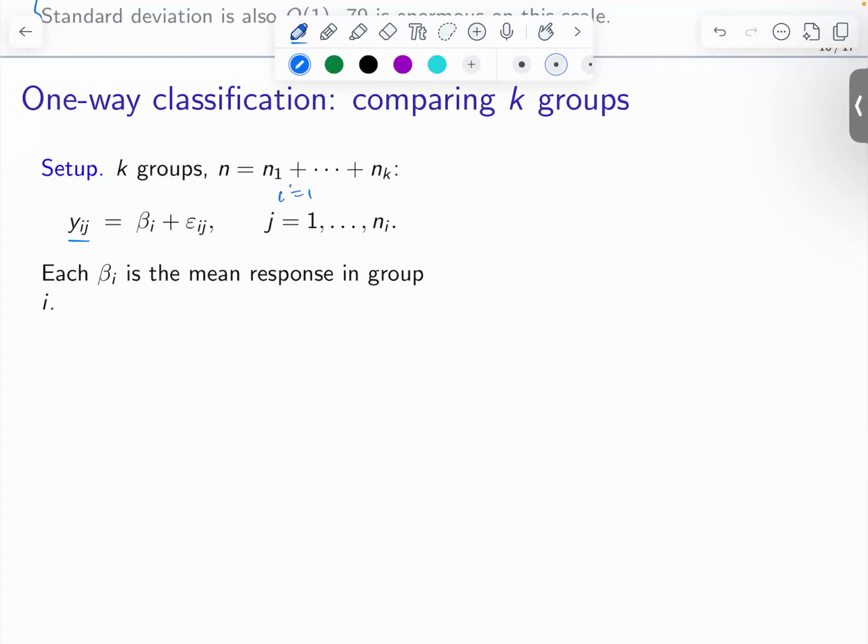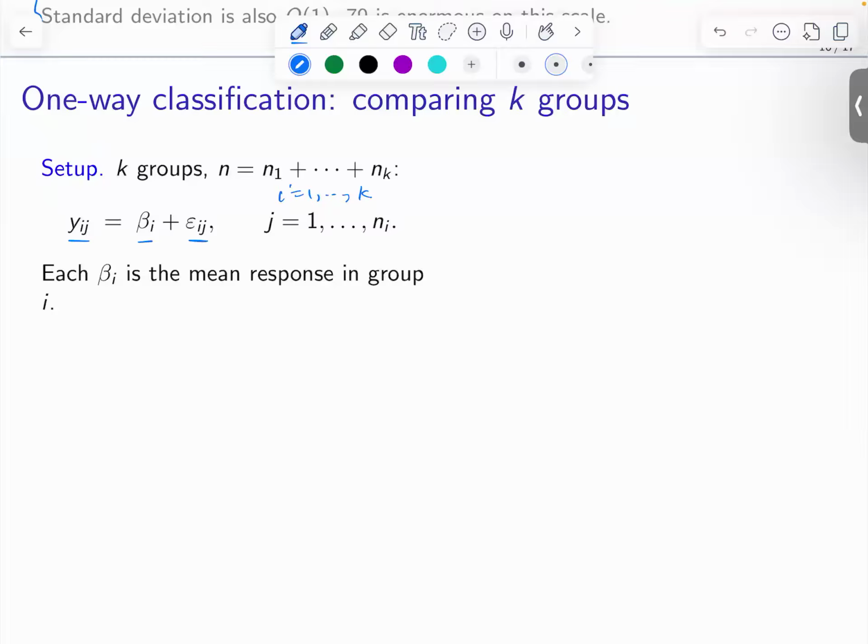So i goes from 1 to k, and j goes from 1 to Ni. So you have Ni patients in group i. And so you model the response as some common mean, beta i for group i, plus the individual fluctuations. These are individual patients, who vary around the mean.